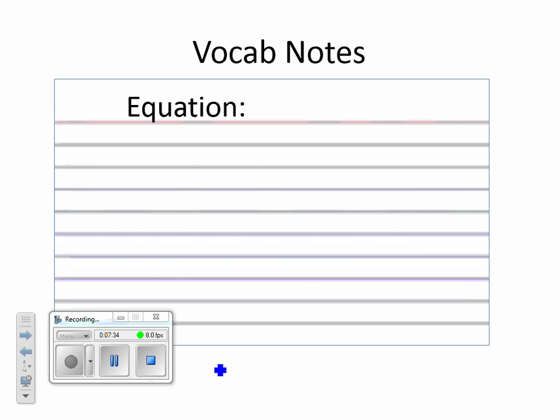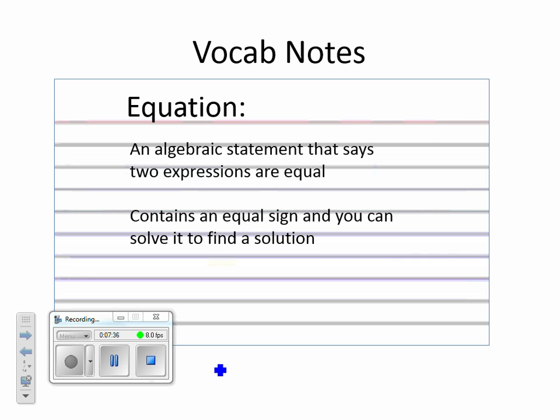An equation is an algebraic statement. It actually says something. It says that those two expressions are equal. So if you take two expressions and set them equal to each other, that is an equation, okay?